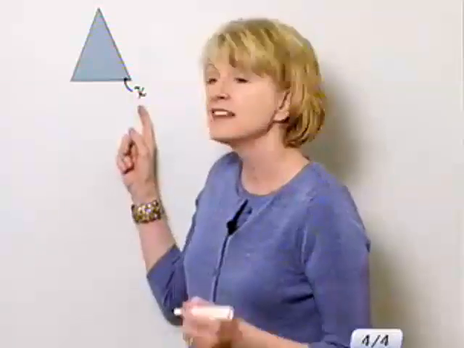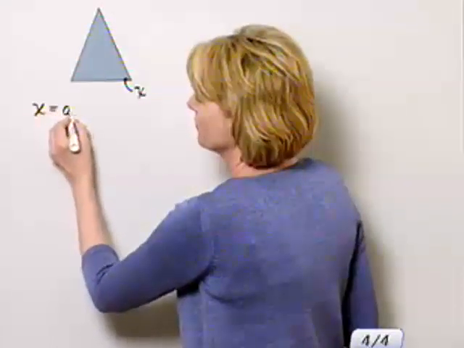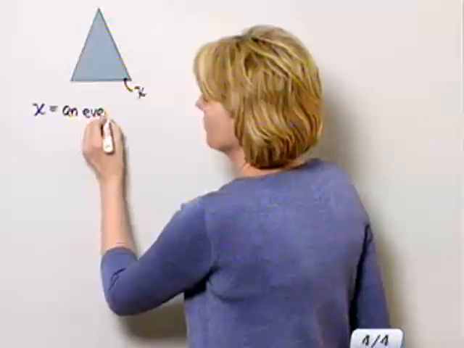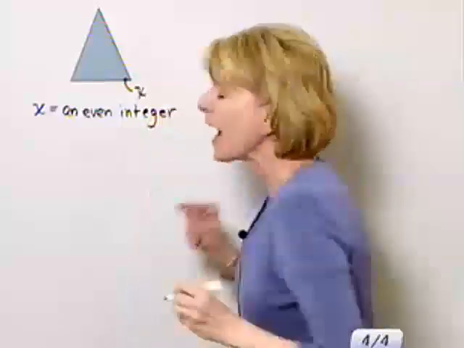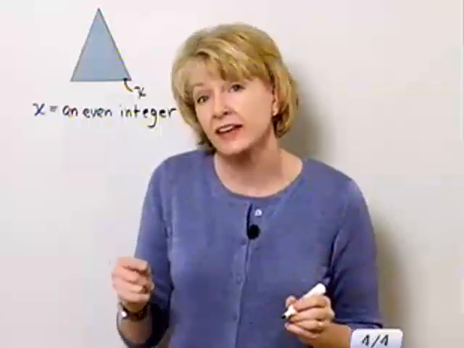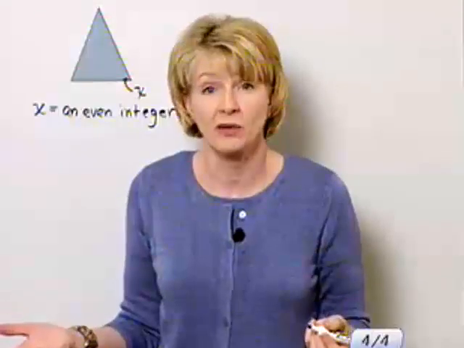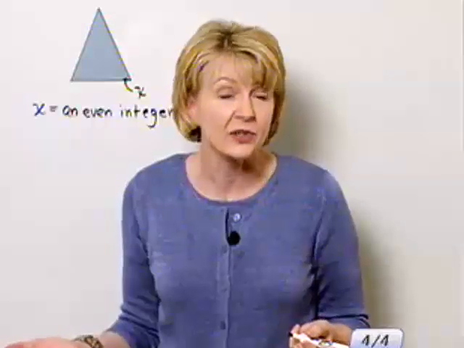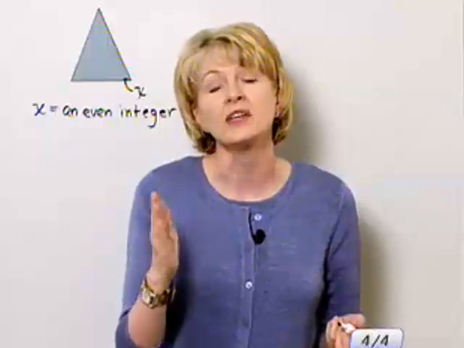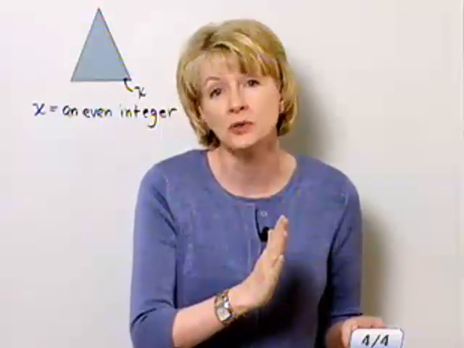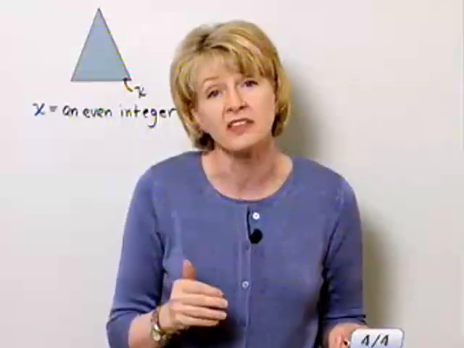If x is an even integer, how do I represent the next even integer? For example, if x is 12, the next even integer is 14. The next even integer is always 2 units ahead of the previous one.